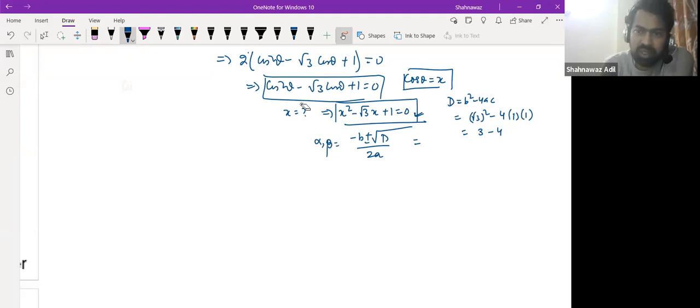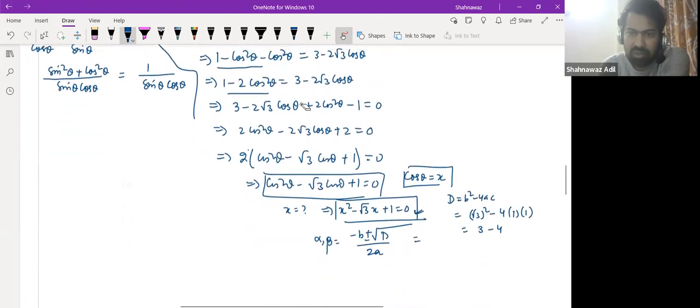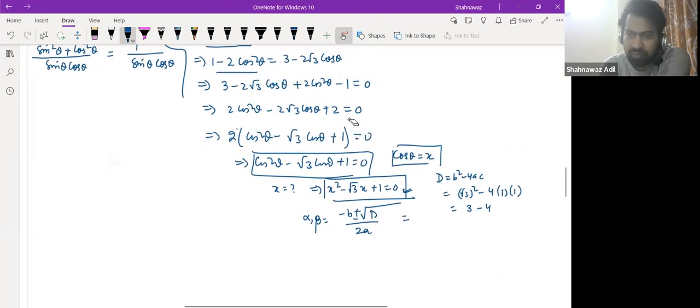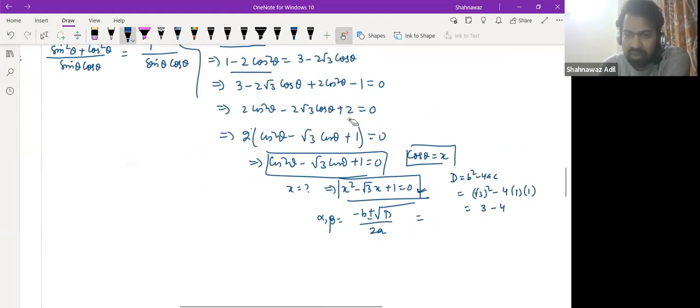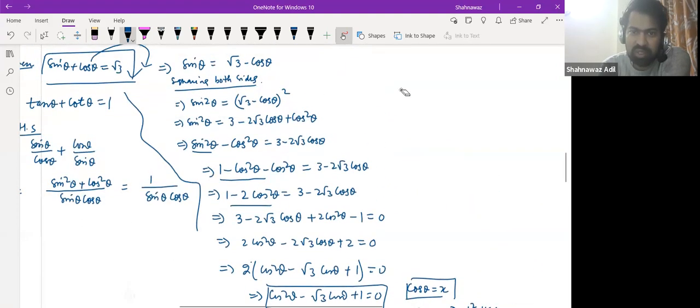And where did we make a mistake? Whenever there is a root, we should use the quadratic formula, so that would be easier to solve.